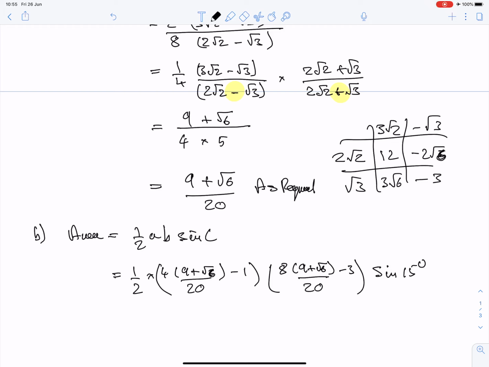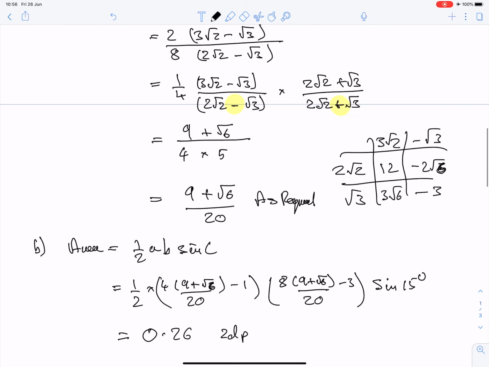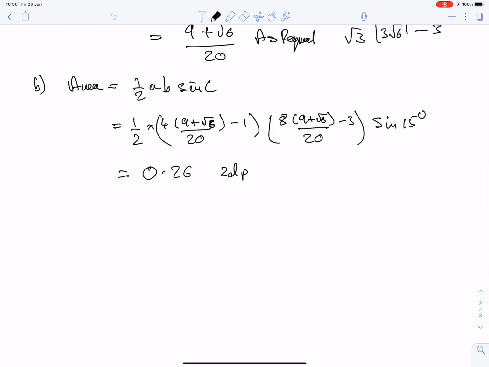It's a bit complex, but you've got to tap it in the calculator and give your answer to 2 dp. So that comes out to be 0.26 to 2 dp. I don't know if we've got any units on this. No, no units anywhere, so we won't need units in the answer. Okay, hope that's clear.